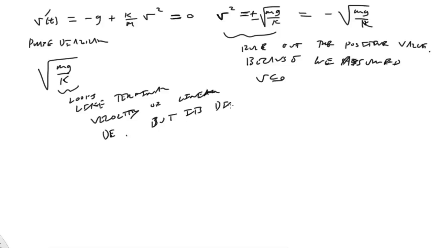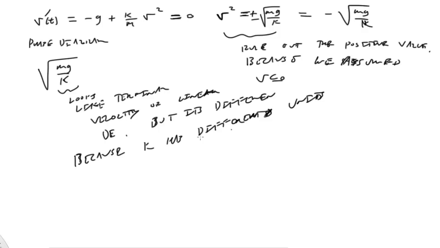It's different, and it's because k has different units than in the linear case.